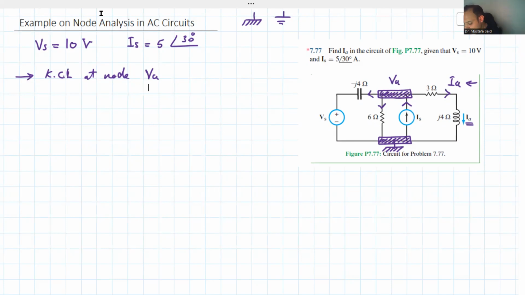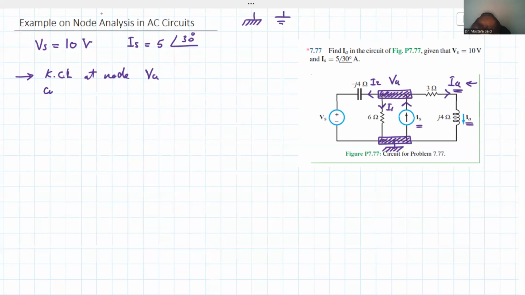Let's name the currents. We already have one with the name IA, that's fine. The other one is IS, also fine. Let's call this one I2, and this one I1. What are the currents going into the node?